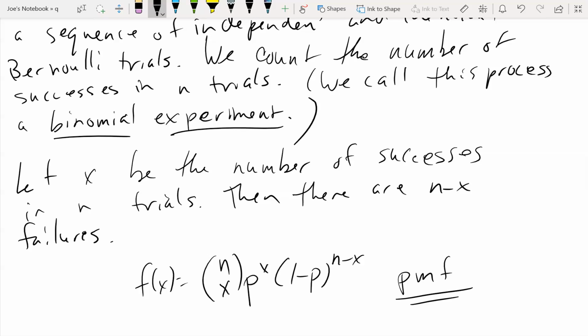Now we'll do expected value and variance here in a minute. But just to show where this works, let's look at the other packet that I handed out that, shockingly enough, is titled Binomial Distribution at the top.